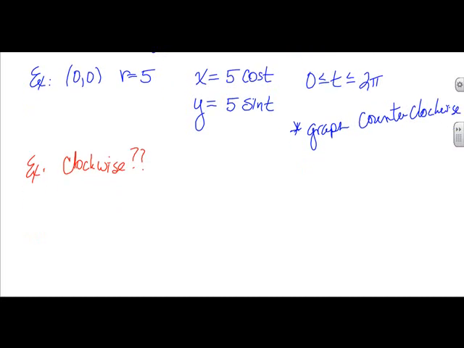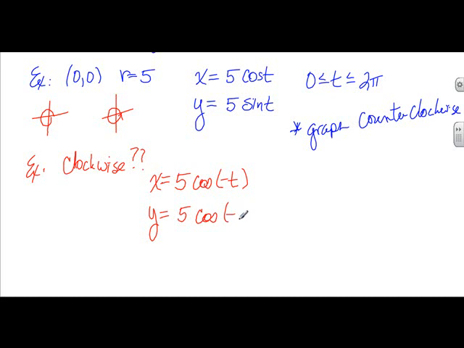Instead of angles rotating in a positive direction, which is counterclockwise, think about the angles rotating in a negative direction, clockwise. So change the sign on the angle and let x be 5 times the cosine of negative t and y be 5 times the sine of negative t.